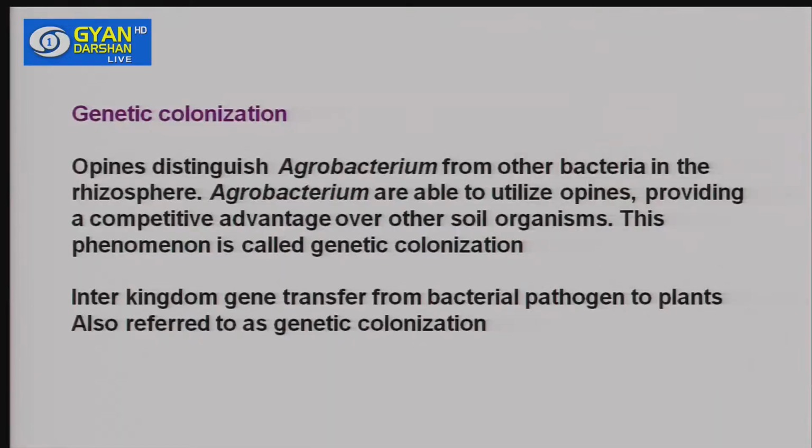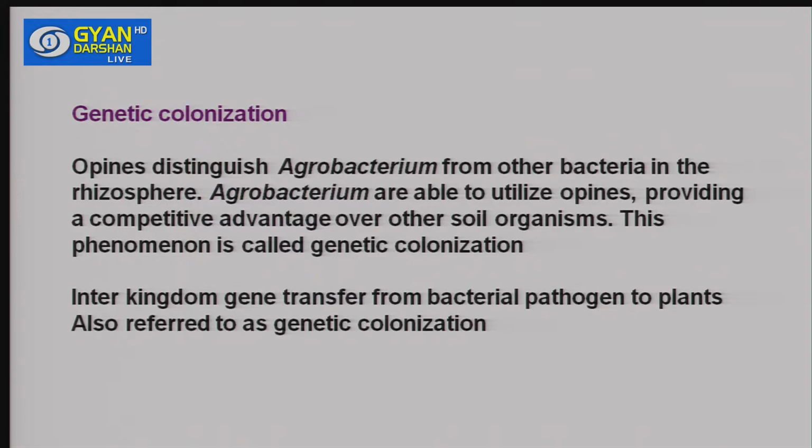Now, what is meant by genetic colonization? One thing is very clear: what is the reason that only Agrobacterium tumefaciens is capable of transforming plants? No other bacteria till date have been found to be involved in this plant transformation process. Then there should be something in Agrobacterium tumefaciens which enables it to achieve this quality.